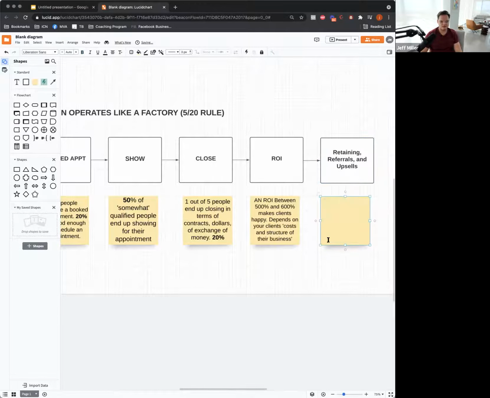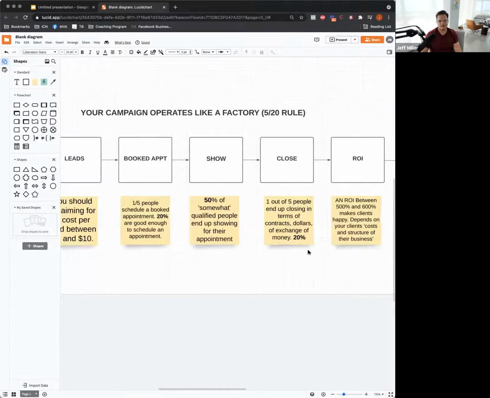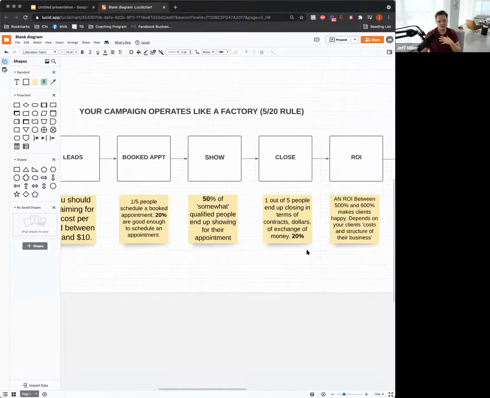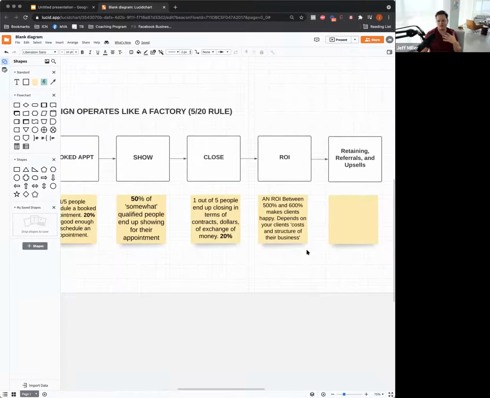Most businesses don't really view marketing with that category. Most businesses view it as this. If we end up doing our job correctly, we can have our clients having a conversation about retaining clients, referring clients, and upselling so that the ROI ends up being higher over the course of time.